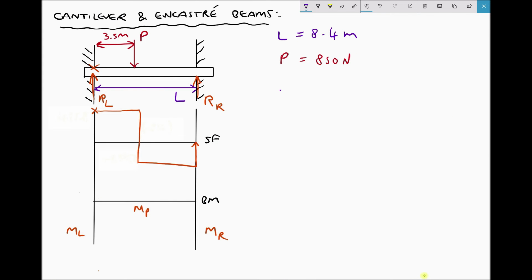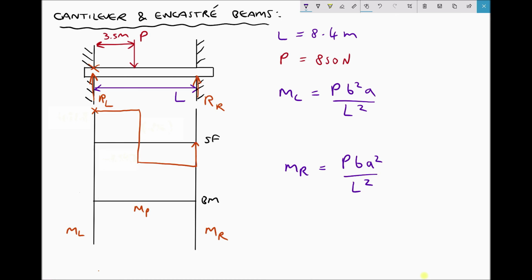To determine the moment at the left-hand support, we use the formula P B squared A over L squared. And to find the moment at the right-hand support, we use the formula P B A squared over L squared. So what's A and B?